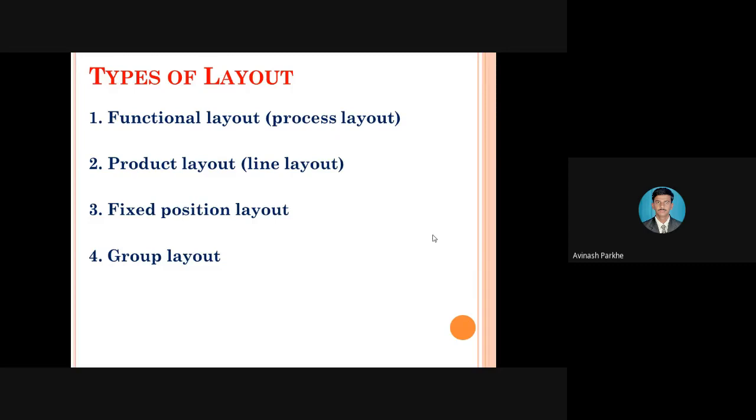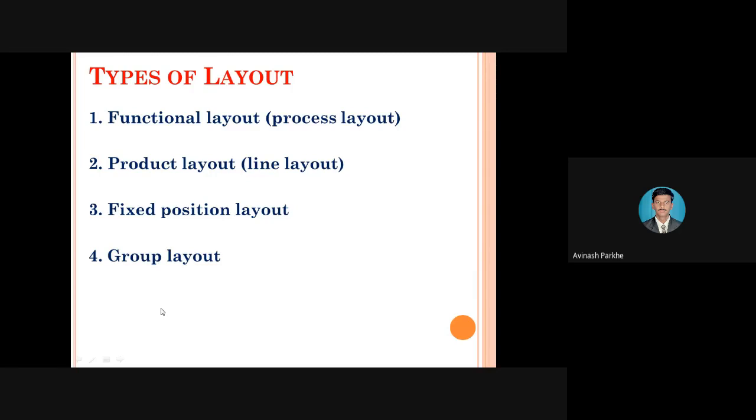What is the first type of layout? It is called the functional layout, which is also called the process layout. The second layout is called the product layout, which is also called the line layout. The third layout is called the fixed position layout, and the fourth is called the group layout, which is also called cellular technology.